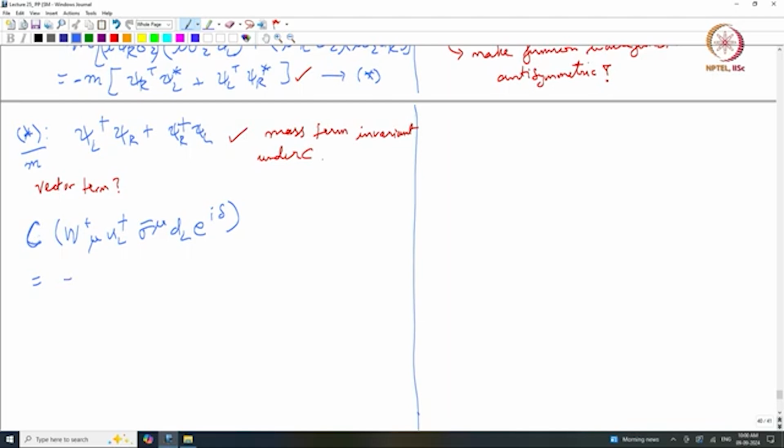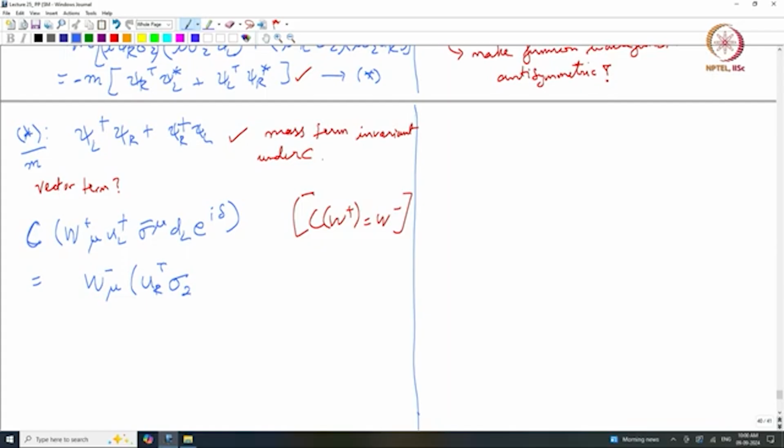First of all, what happens to W plus under charge conjugation? Obviously, it goes to W minus. That's trivial, correct? Okay, so I'll just write that down explicitly. I put a minus sign out. I shouldn't have done that right away. Let's do it a little slowly. What happens to UL dagger? I'm just going to start writing.